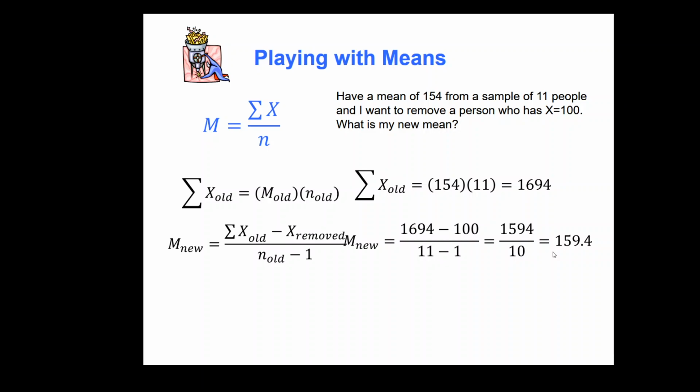So I figure out the sum of X, 154 times 11, equals 1,694. I take that 1,694, subtract the score I want to remove, which is 100. And I'm taking one person out, so my sample size is not 11, it's now 10, 11 minus 1. And by taking out that score of 100, when the mean was 154, my new mean is 159.4.